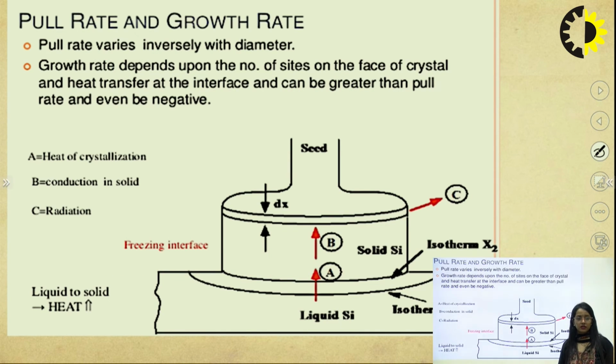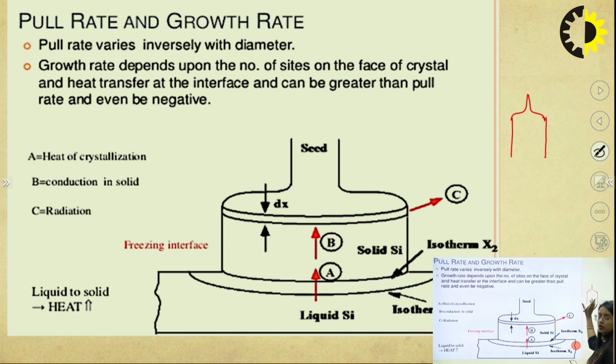Pull rate varies inversely with diameter, of course. When we are pulling at a higher speed, the diameter can reduce. If we were pulling at a consistent speed, this was obtained.